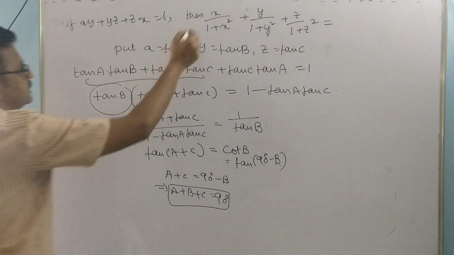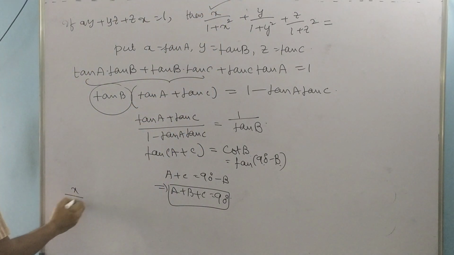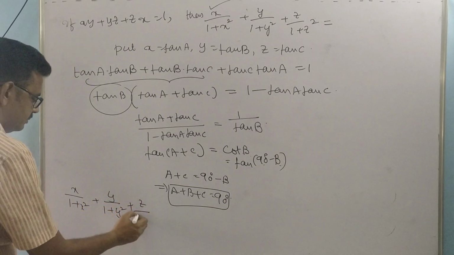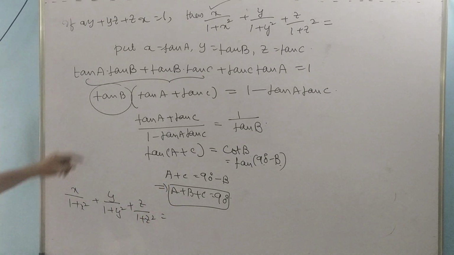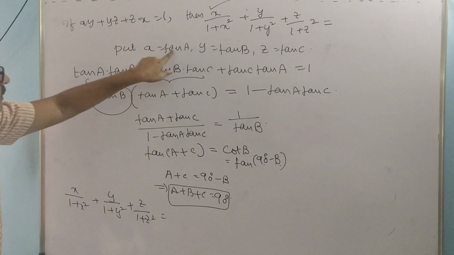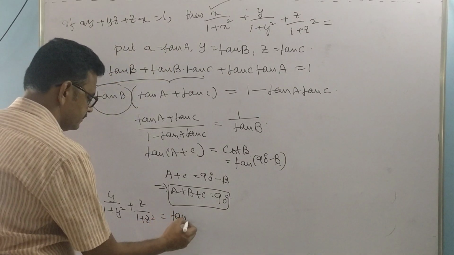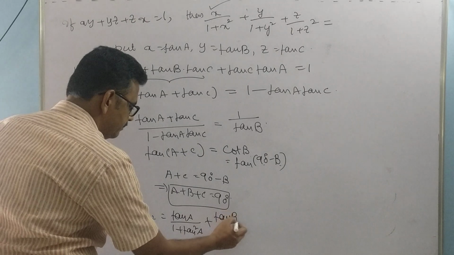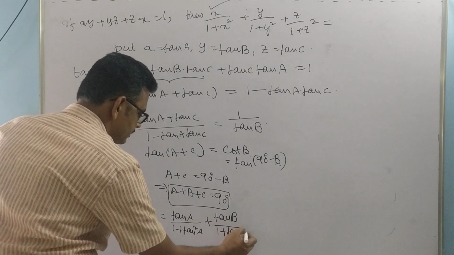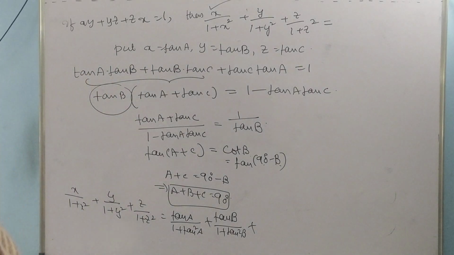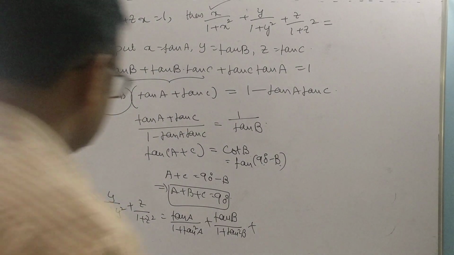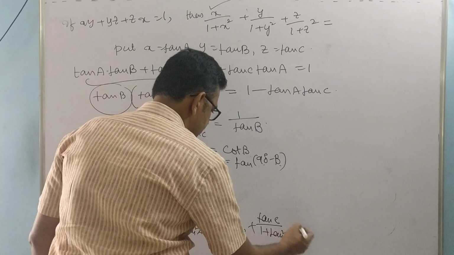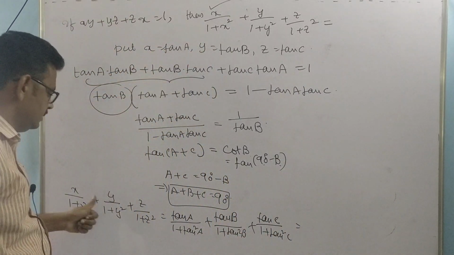Now we have to write this expression, x by 1 plus x square plus y by 1 plus y square plus z by 1 plus z square, where x equal to tan A. So this is tan A by 1 plus tan square A plus tan B by 1 plus tan square B plus tan C by 1 plus tan square C is equal to.